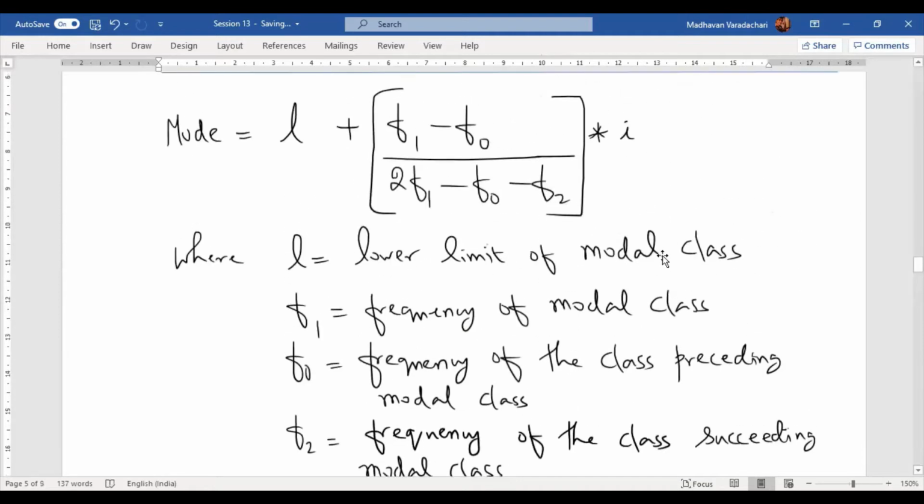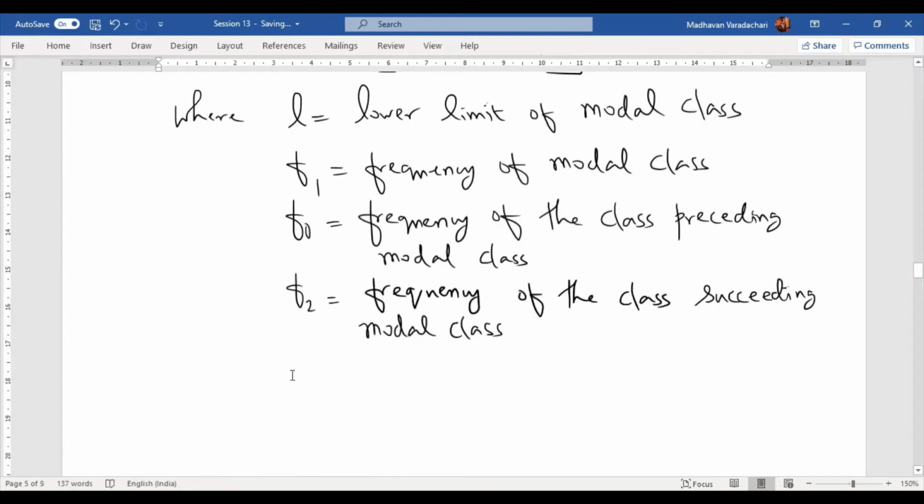Now what else is left? L we wrote, F1, F0, F2 we wrote, i we have to write. i is modal class width or size.